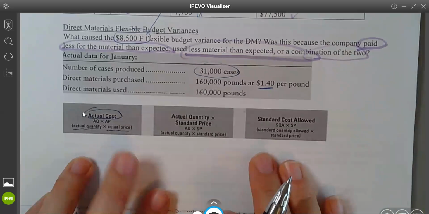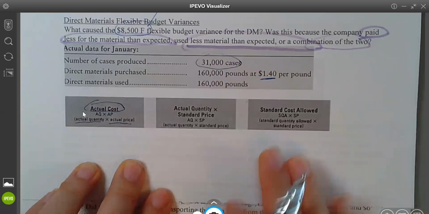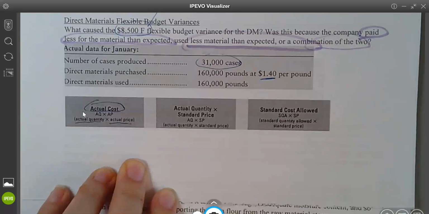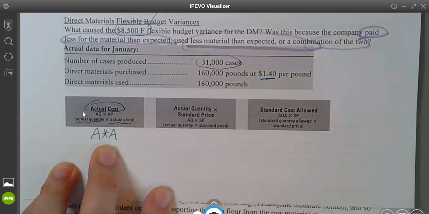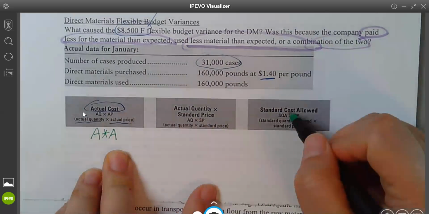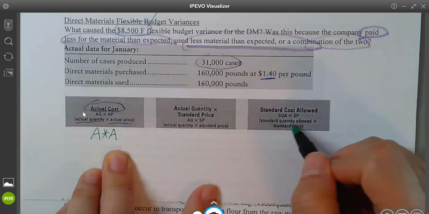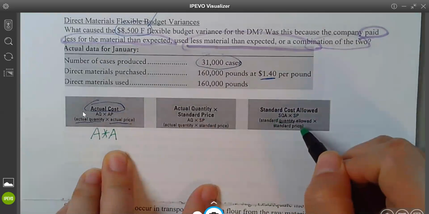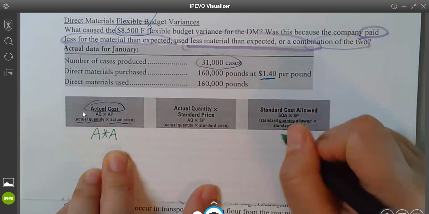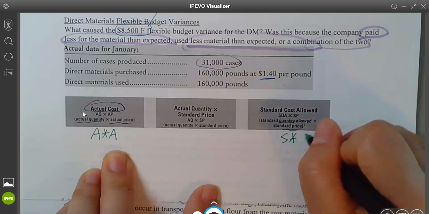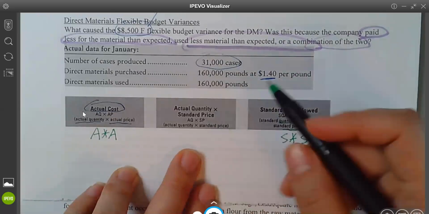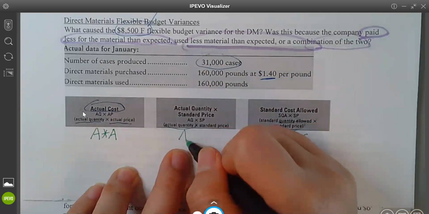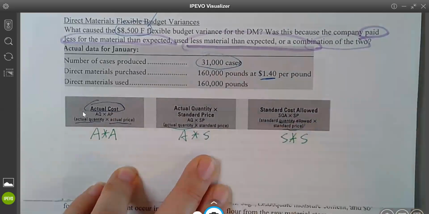The way I usually do it is I put the initial, A times A, actual times actual. You have a standard cost, standard quantity times standard cost, so standard times standard. And in the middle, it's always the hybrid. You use your actual quantity, but your standard cost.